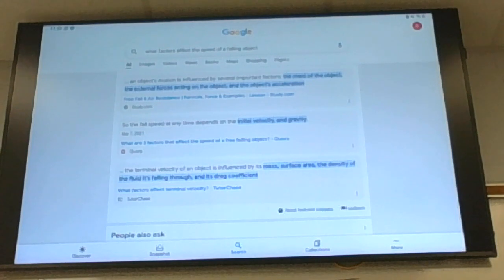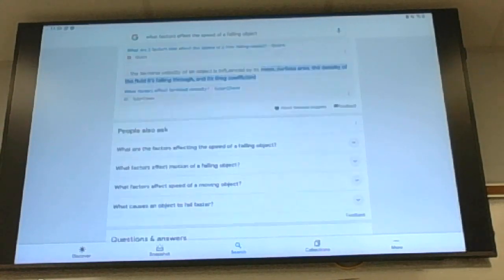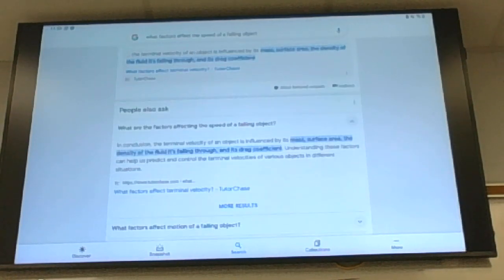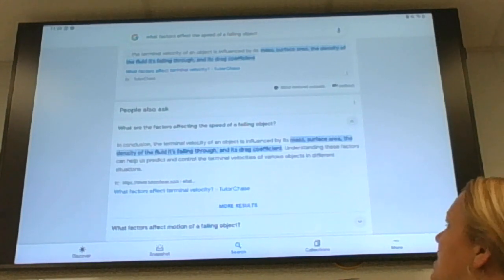Mass and external forces and acceleration. This is the physics answer. Mass, surface area, and density.